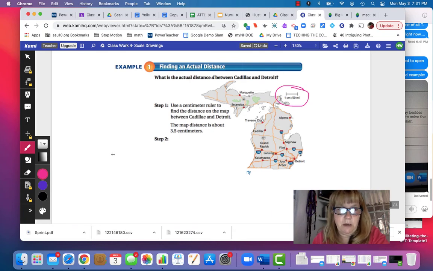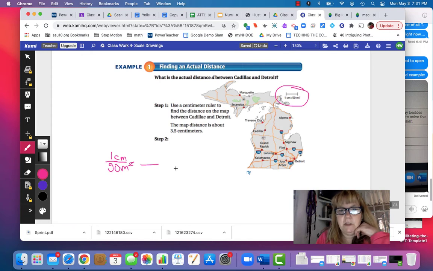So we know that we're going to start our proportion. Remember, a proportion is just two ratios that are equal to each other. We start with 1 centimeter because the drawing, or the model, is always on top, and real life is always in the denominator. So if I measure a centimeter on here, it means it's 50 miles.